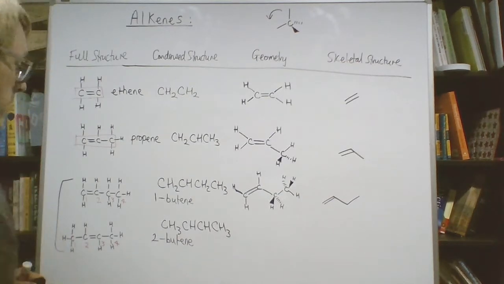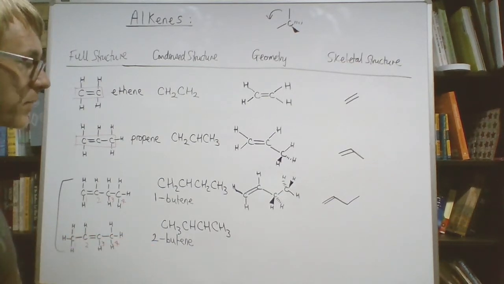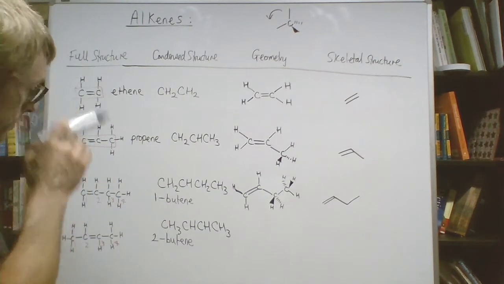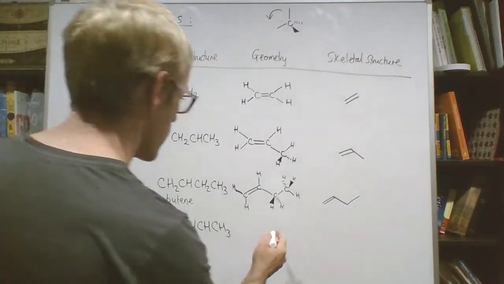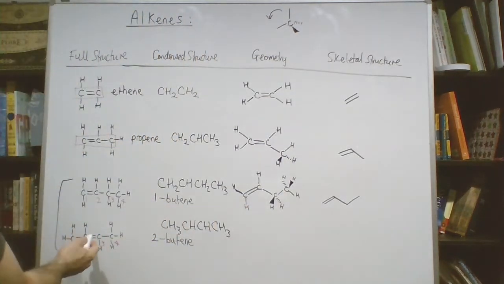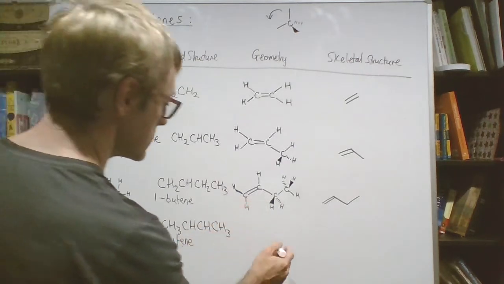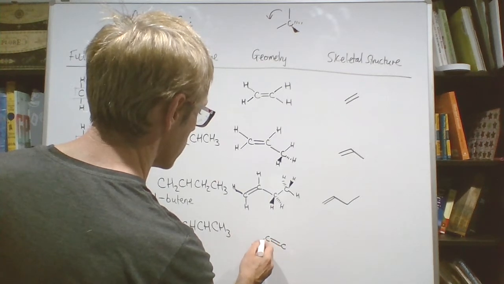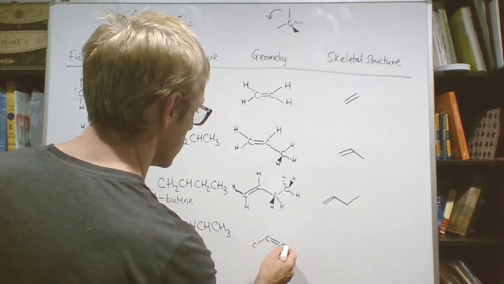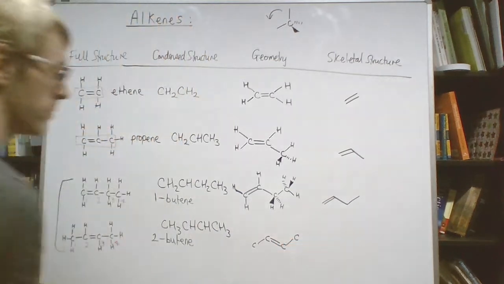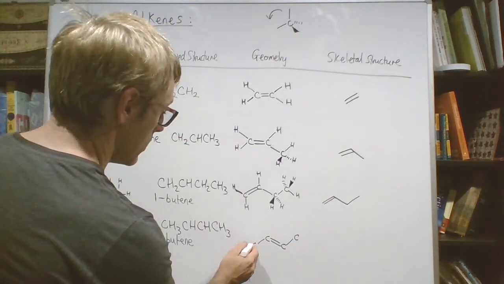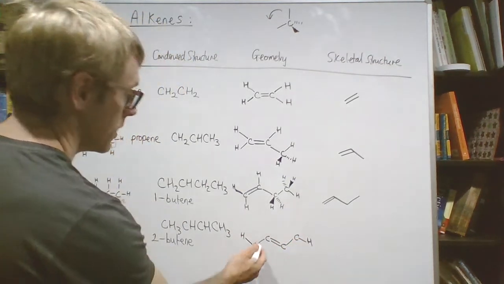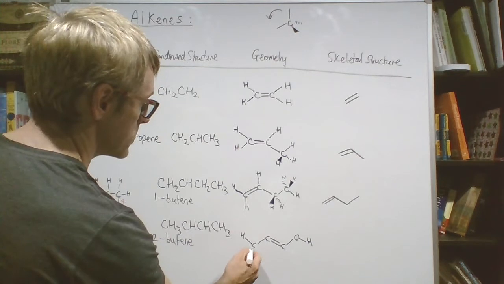Okay, and then finally for 2-butene, let's go ahead and start again. I'm just going to move the double bond between these locations. Around this carbon, I've got line, line, wedge, dash.